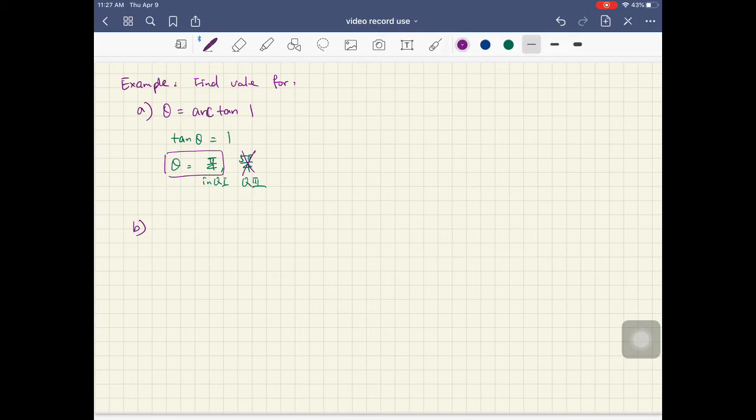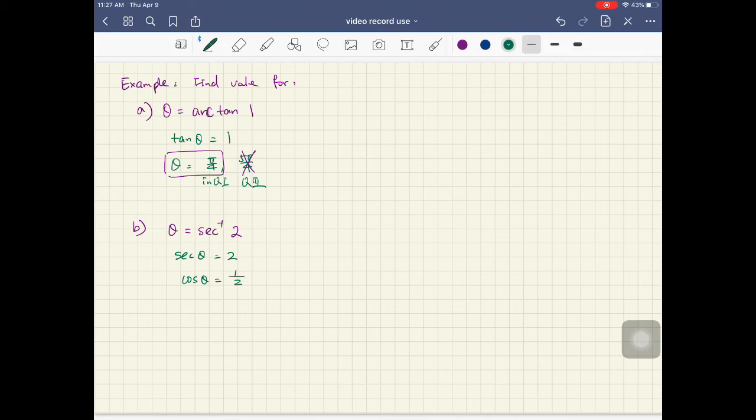Okay, the second one we have is theta equal to secant inverse of 2. So secant inverse of 2 means secant of theta equals 2. If you're not sure about theta, you can also convert it to cosine of theta equals 1 over 2. Remember, secant and cosine are reciprocals of each other.